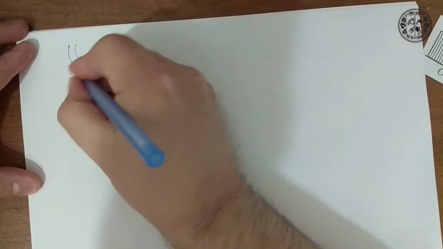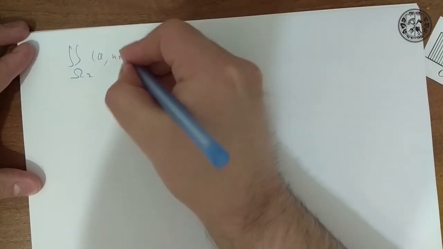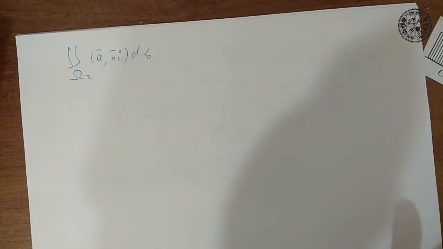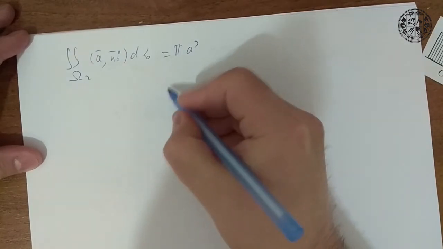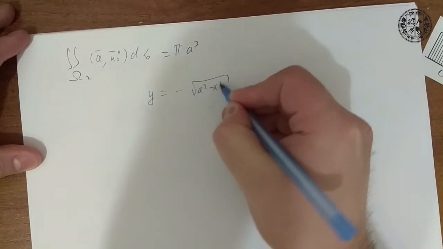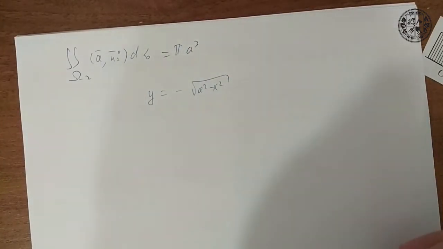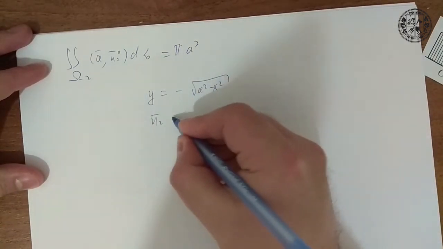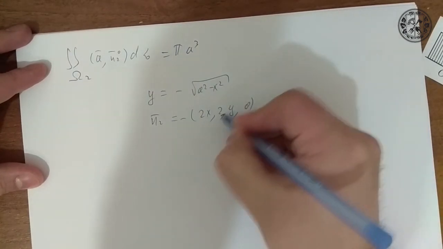The integral by omega 2 of a n 0 dσ will actually be the same. Why? Because we have y equals minus square root of a squared minus x squared, the negative part of the cylinder, and the normal vector will be minus 2x, 2y, 0.